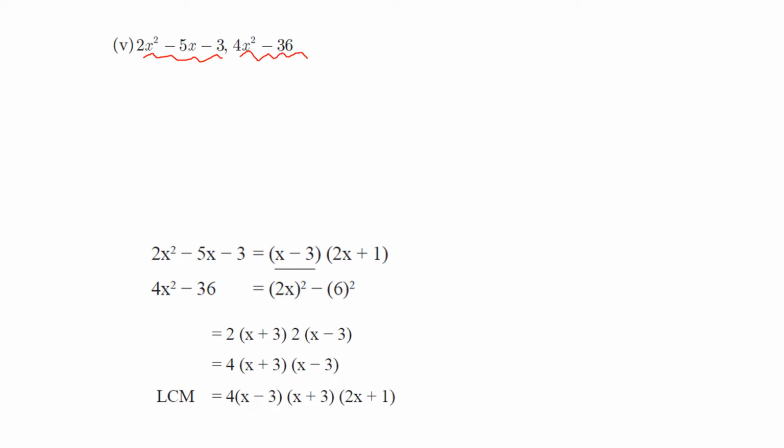First we will find the factors of 2x squared minus 5x minus 3. So 2 into minus 3 we can multiply, we get minus 6. What are the factors of 6? 1 comma 6, because 1 into 6 is 6, 2 3s are 6.